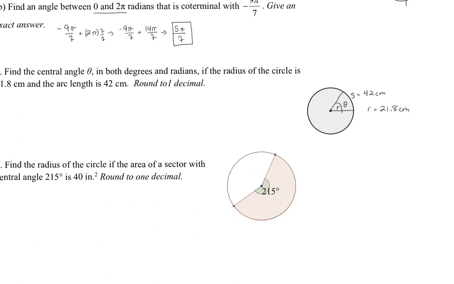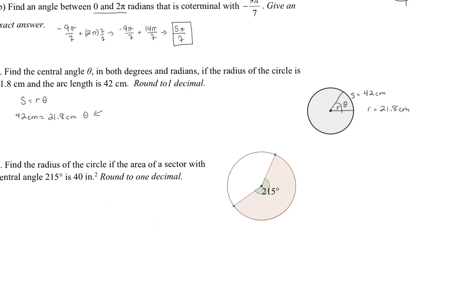So this is probably not drawn to scale at all, but this is the idea, right? And if we remember, S equals R theta. So if we know our arc length is 42 centimeters, and we know our radius is 21.8 centimeters, we can find our theta.